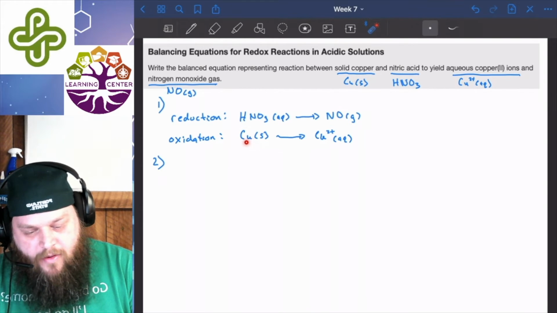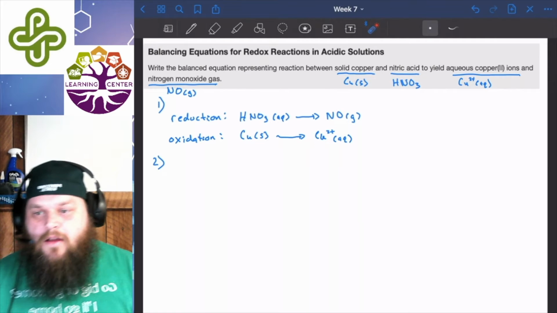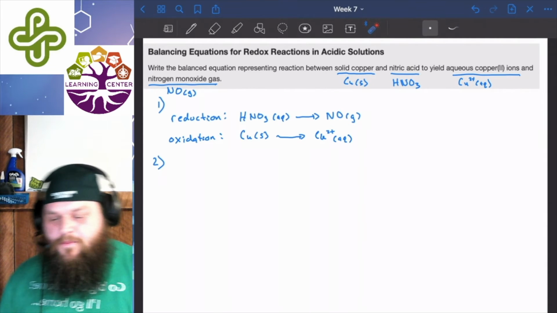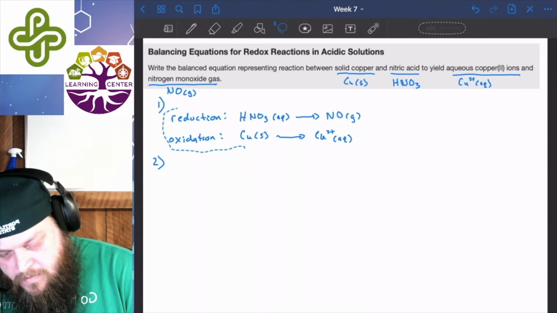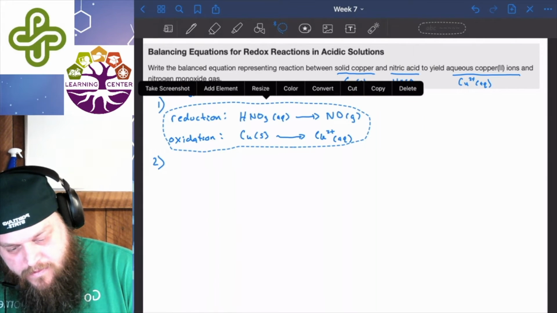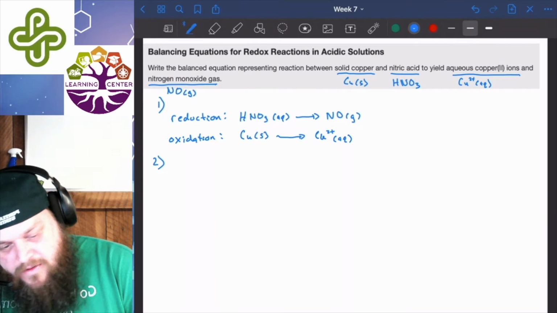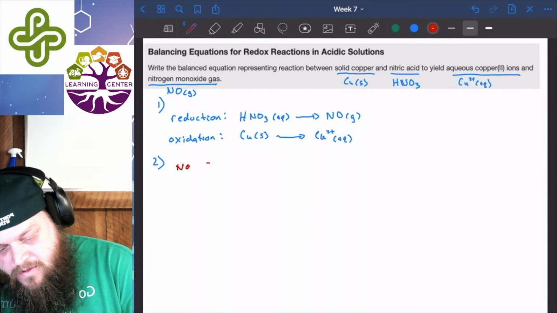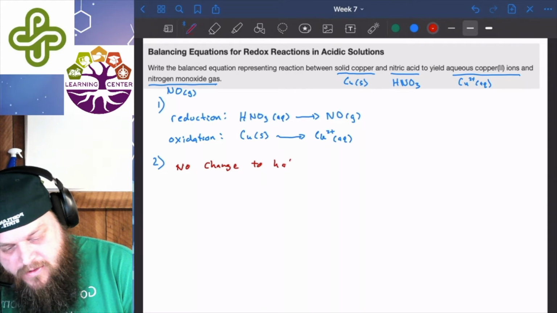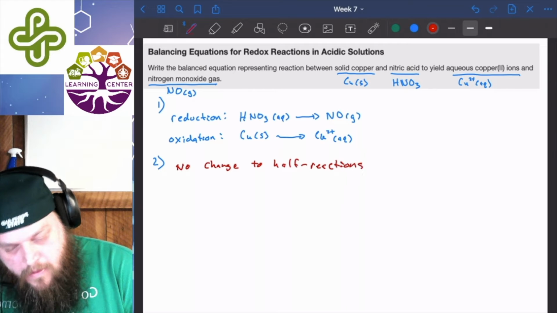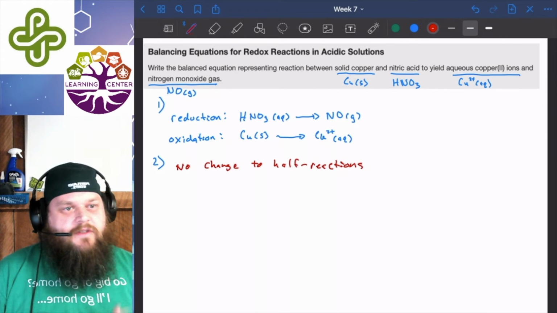Same with the copper, there's one copper there, there's one copper there. So we're pretty much happy with this step. I'm just going to copy all this down and put no change to half reactions, because everything except for the hydrogens and oxygens is already balanced.